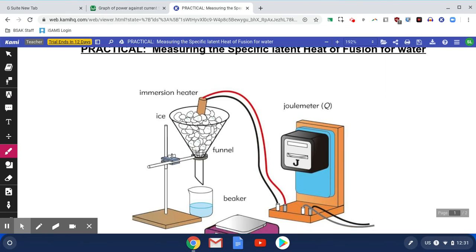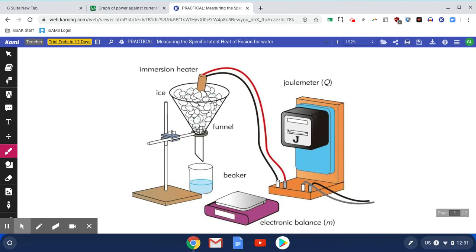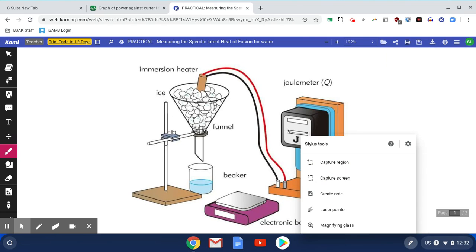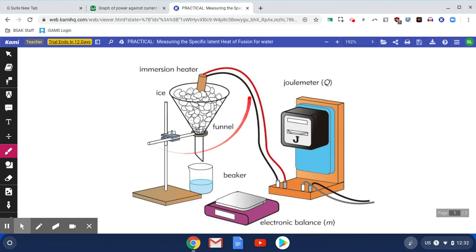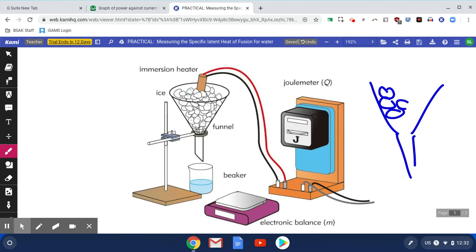So there's the apparatus that I set up. The only difference is instead of one filter funnel with ice, I had two, because if you remember, I had a control as well, didn't I? The reason for that is because ice melts anyway if it's at room temperature. So we want to measure the amount of ice melted only by the heater.